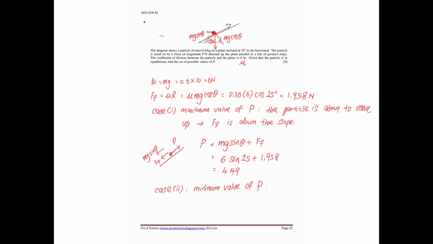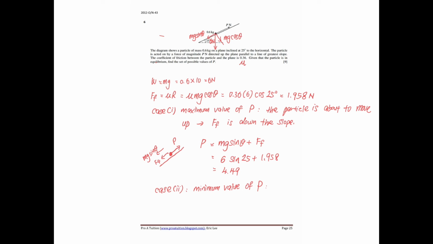So in that case, the frictional force, which opposes the motion, will act upward. So we have to set it in that way, because we want to set the direction of the frictional force.